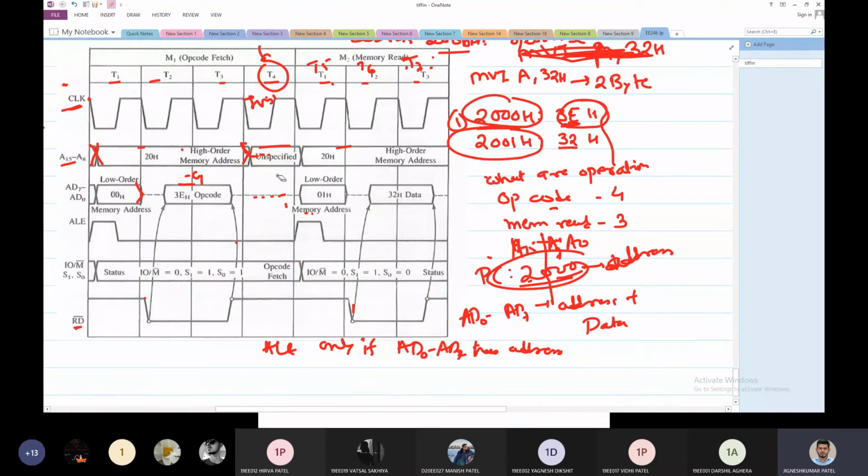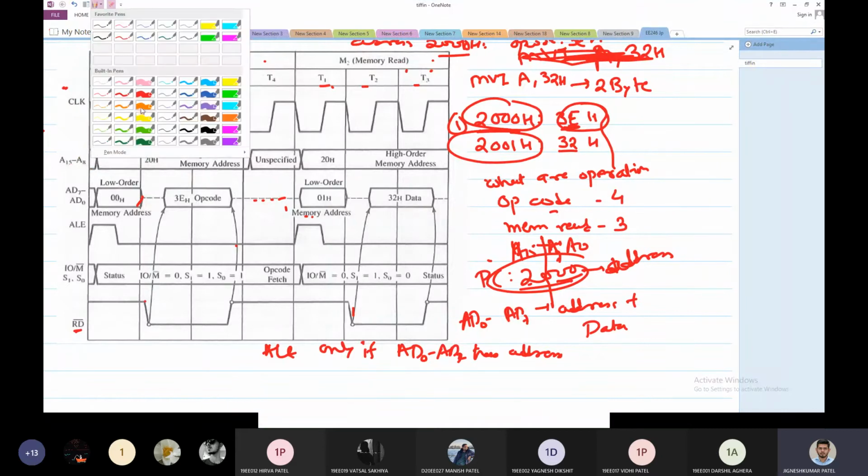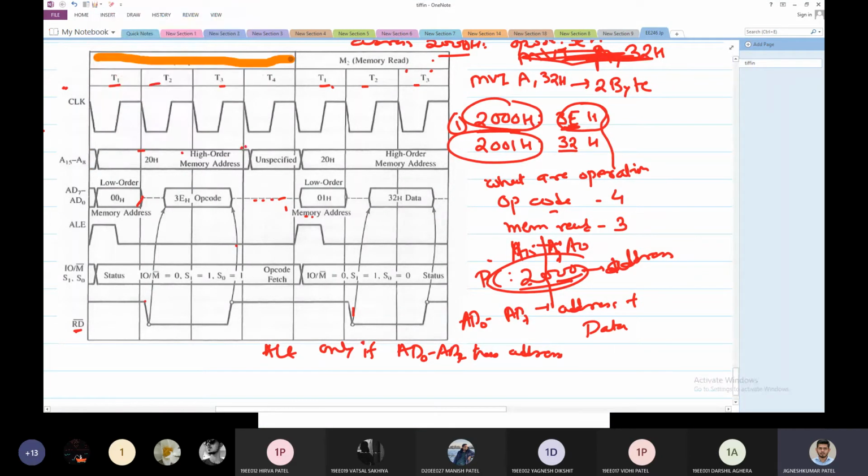What are the changes, or what might be added, or what might be removed. If there is an opcode fetch cycle, draw this diagram up to this part. If there is a memory read cycle, draw this yellow part. That would always be the same.